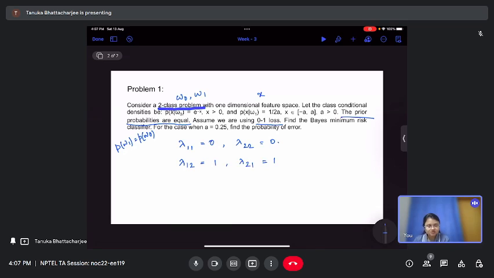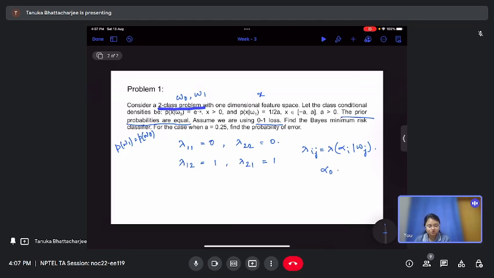As you all will know, lambda ij is the loss of taking action alpha i given the true class is omega j. Here we are assuming the actions as being classified in class omega 0 or class omega 1.